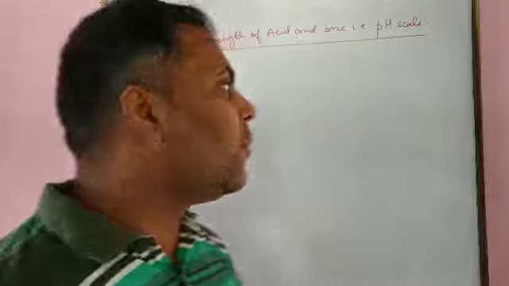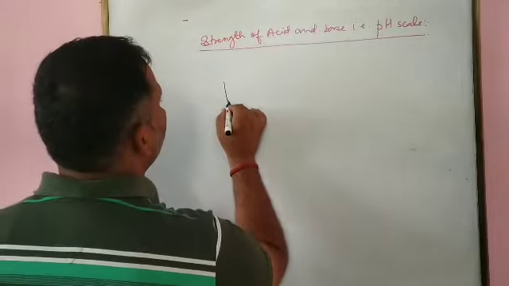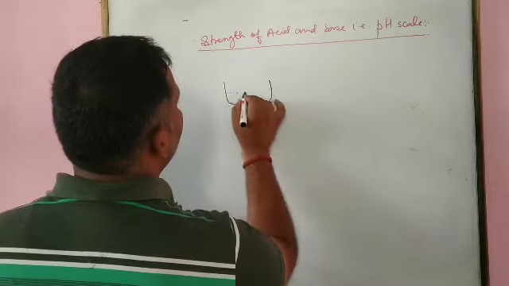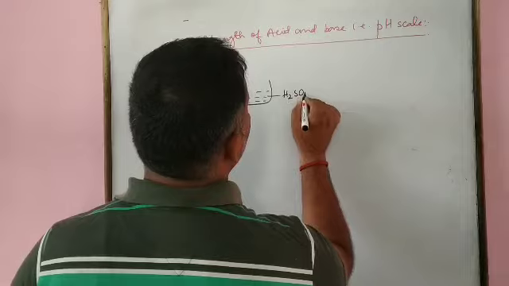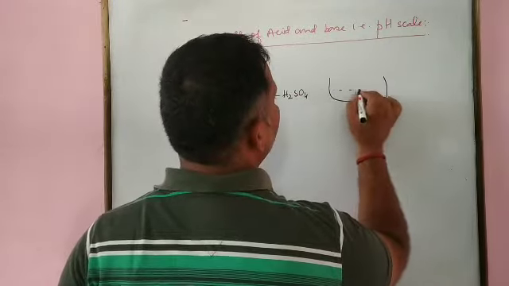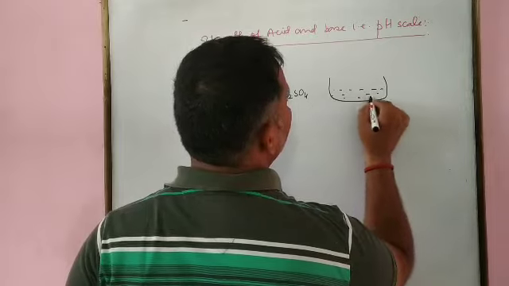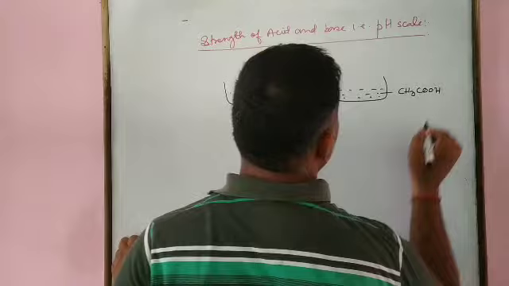Let us see what is happening here. If we have one container with H2SO4, and in another container we have acetic acid, CH3COOH.